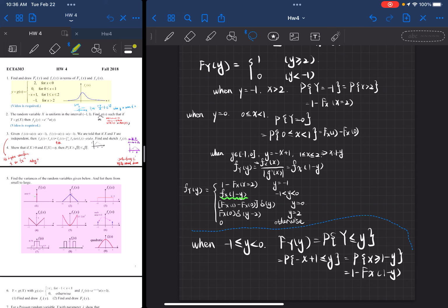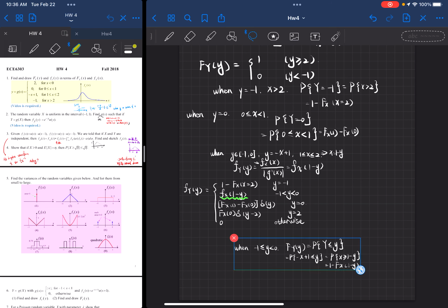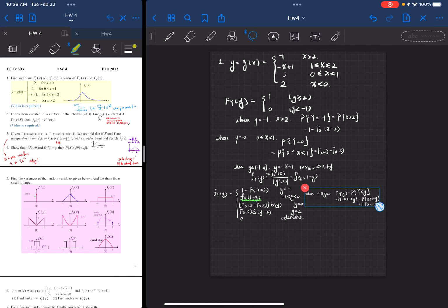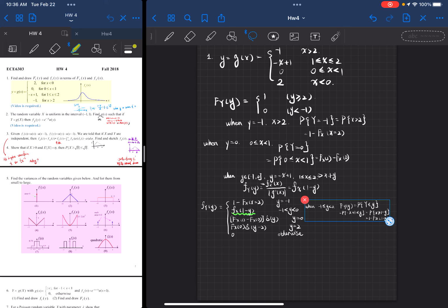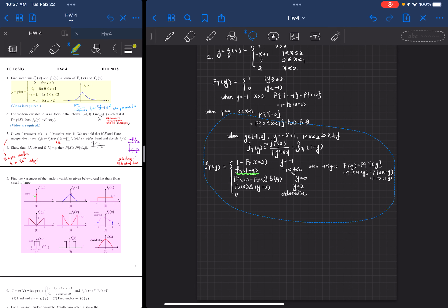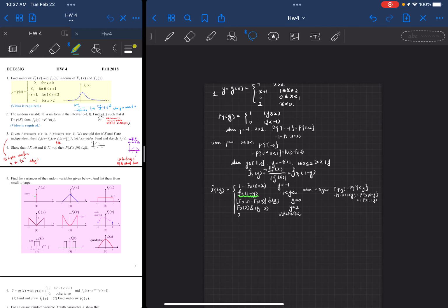And let me also put it smaller, so that when I write the summary, I can refer to the previous calculation.